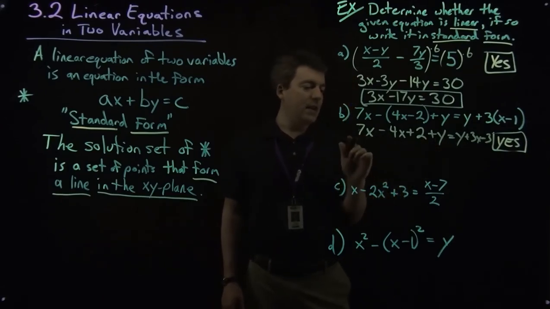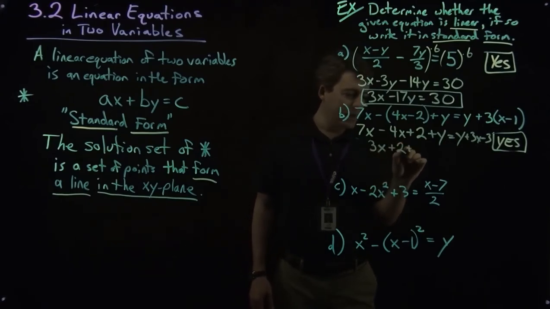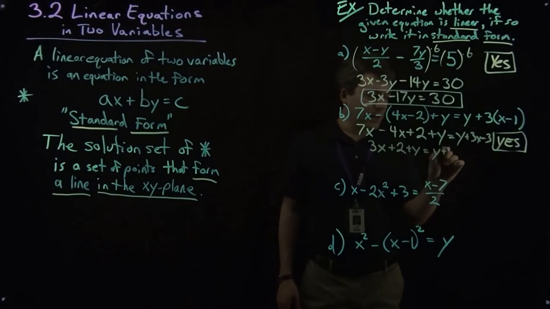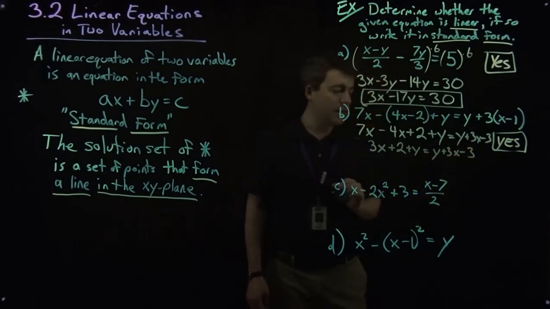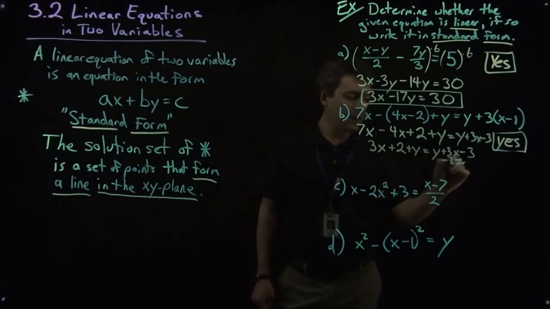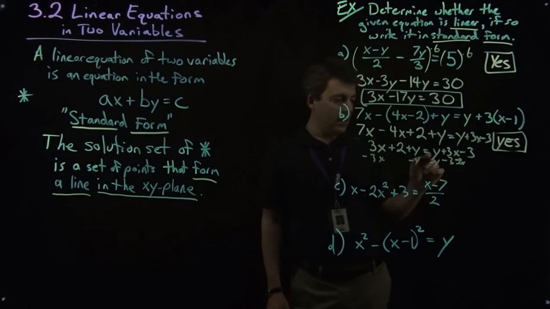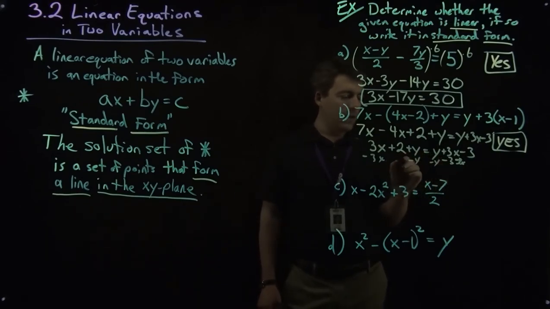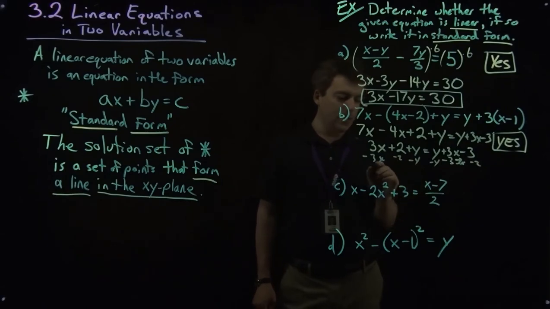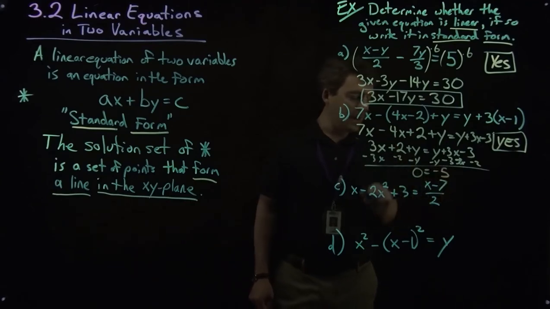We've got 7x minus 4x is 3x, plus 2 plus y equals y plus 3x minus 3. We'll subtract 3x. We'll subtract y. And subtract the 2, I guess. So everything on the left-hand side cancels out. On the right-hand side, we have minus 5.